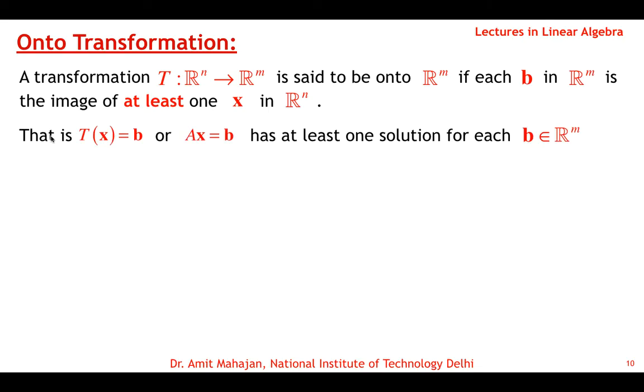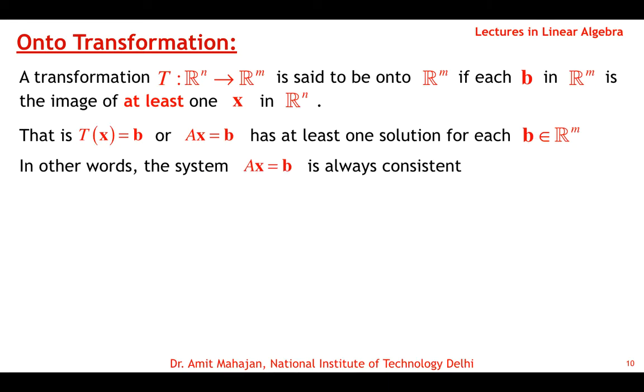So we can say that Tx equal to b, or Ax equal to b, has at least one solution for every b in the Rm space, or in other words, the system Ax equal to b is always consistent. Okay, so we know how to check consistency. If Ax is equal to b for every b in Rm is consistent, then we will say that the transformation is an onto transformation.